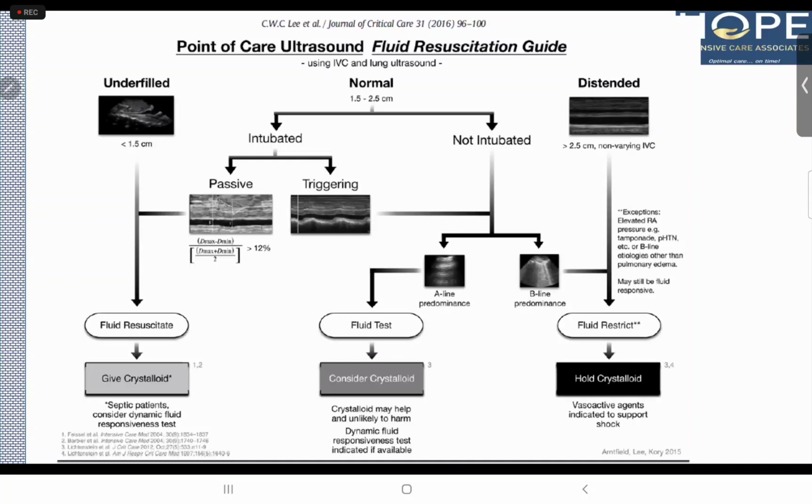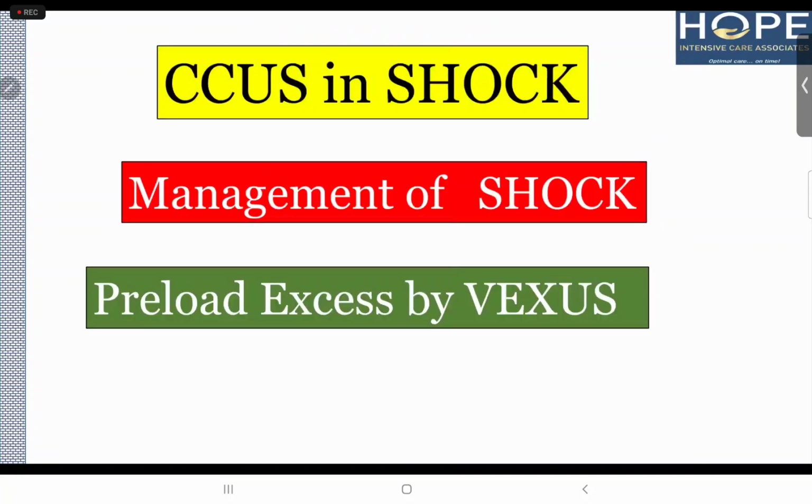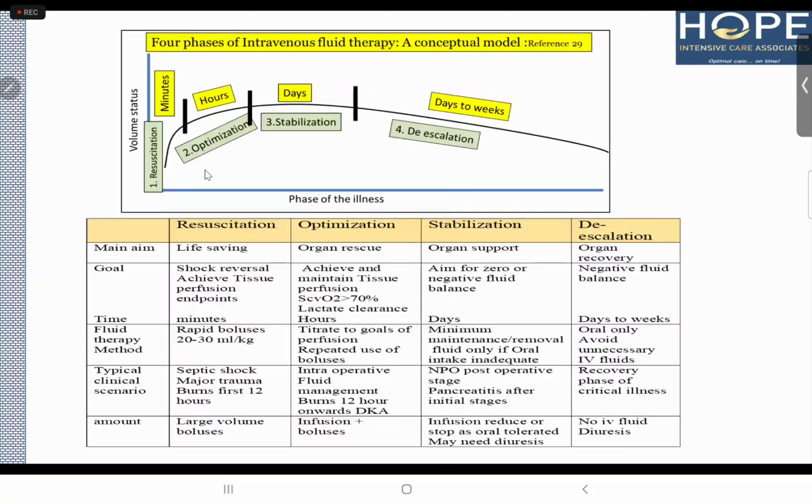So this type of Lee protocol has helped us. It offers a very protocolized manner in which you can restrict fluid or give fluid based on ultrasound findings. Now, when you manage a patient with septic shock or any shock, you must have heard of ROSD or SOSD.